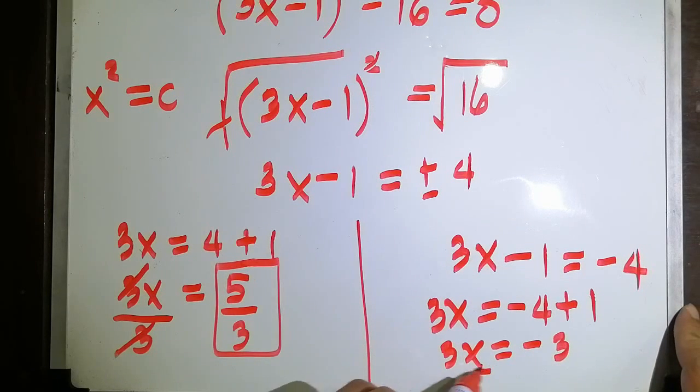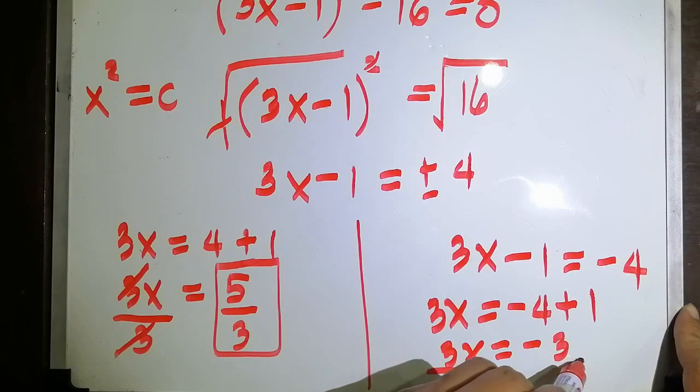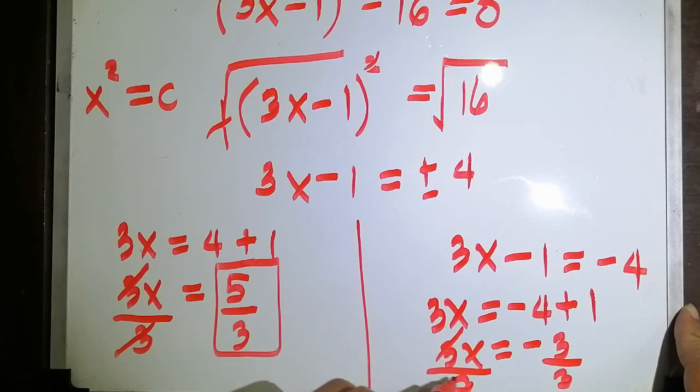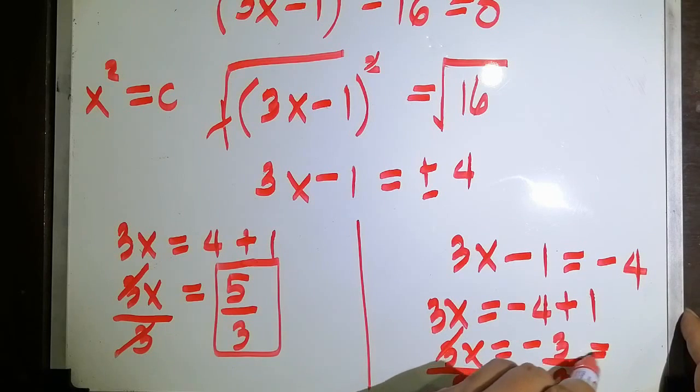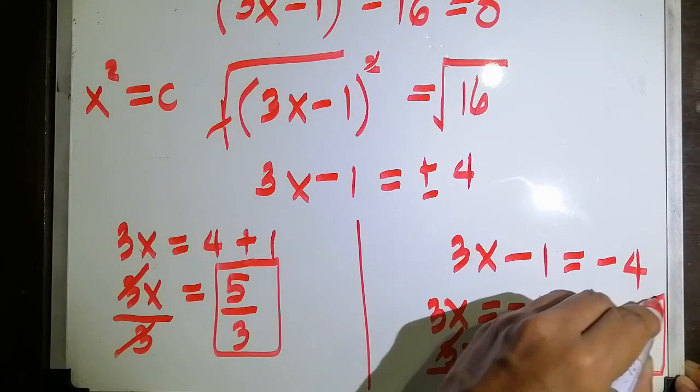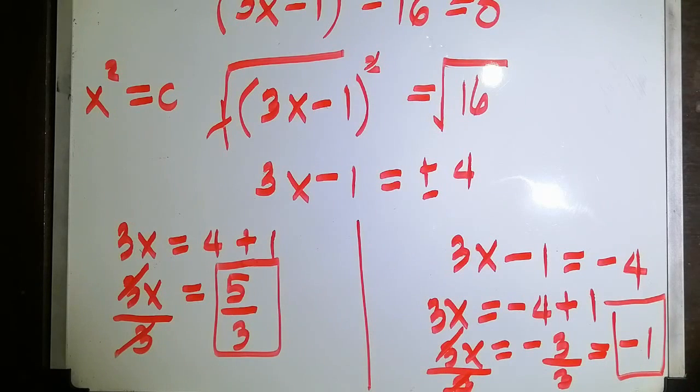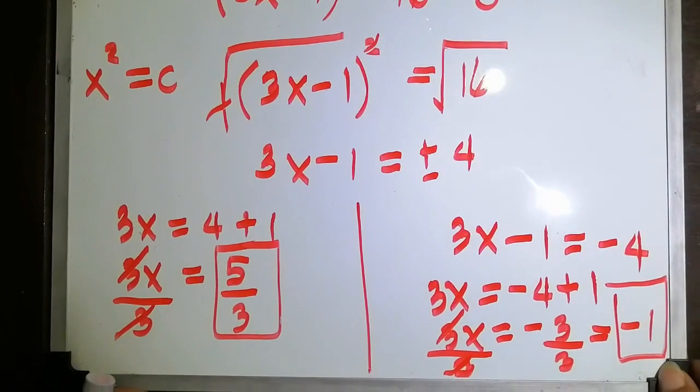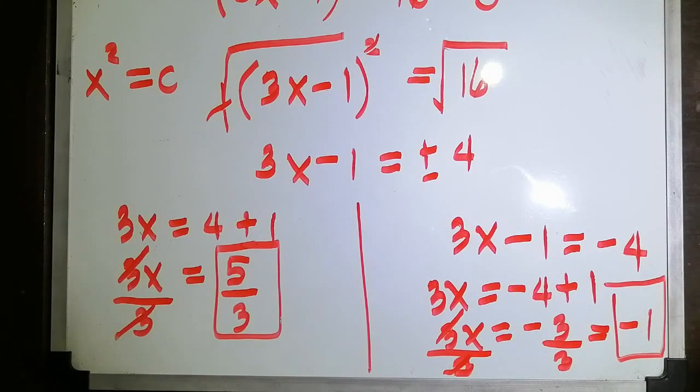Okay? Tapos, divide natin 3 both sides. Cancel. So, x is negative 1. So, yun yung ating solution. We have 5/3 and negative 1. Yung ating solution.